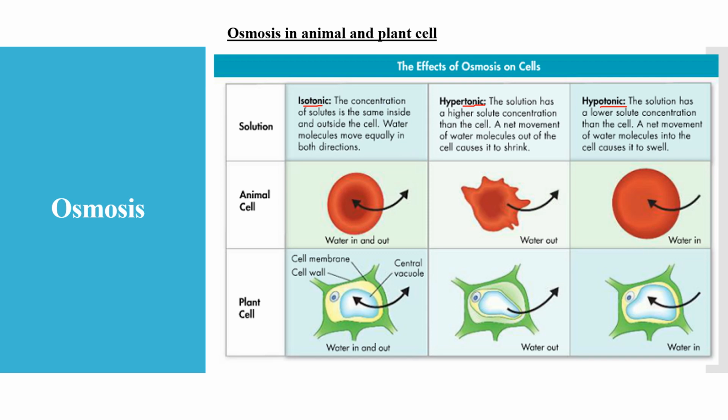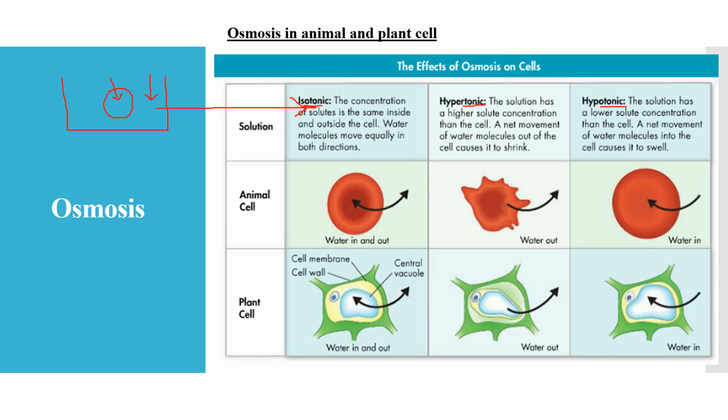In case of isotonic solution, the concentration of solute is the same inside and outside the cell, and water molecules move equally in both directions. For example, this is the beaker and here the cell is present, and the solution in the beaker is isotonic. If the solution is isotonic, it means that in the solution and inside the cell, the concentration of water molecules and solute particles are the same.